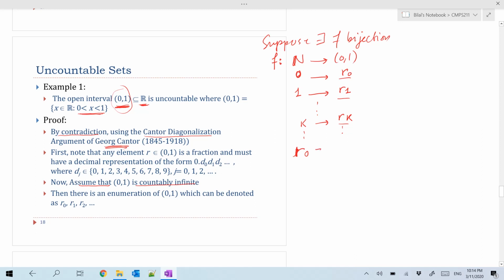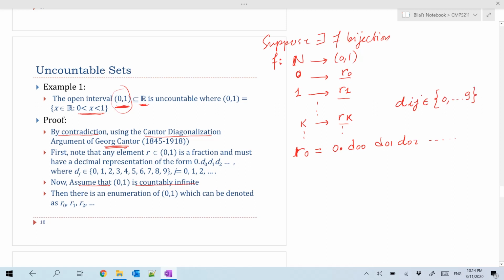I would say that R0 is equal to 0 point, a certain digit d00, another digit d01, a third one d02, and so on. What are these digits? These are decimal digits. So any dij is one of those simple digits going from 0 to 9.